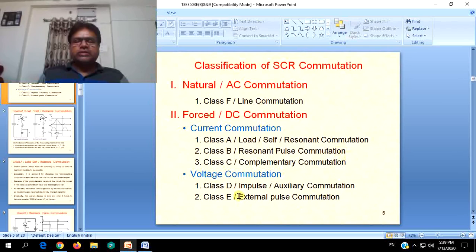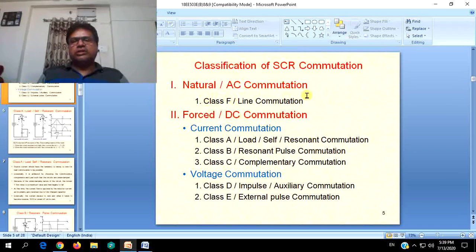When it comes to external pulse commutation, again they employ more circuitry and more components. Pulse transformer becomes bigger, or other transistors and SCRs which we have discussed in the previous circuits. Again, cost will be more, volume will be more.